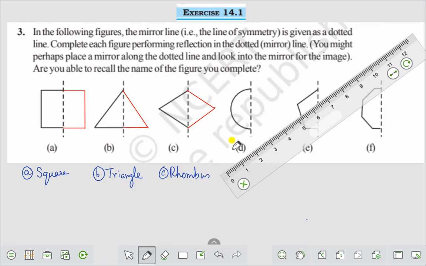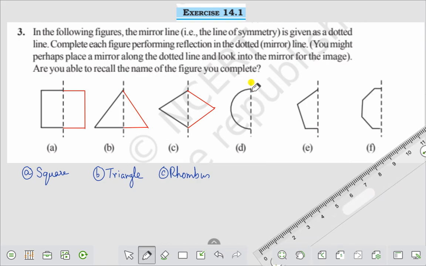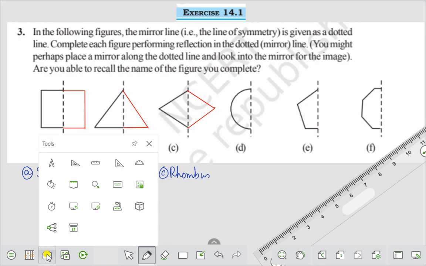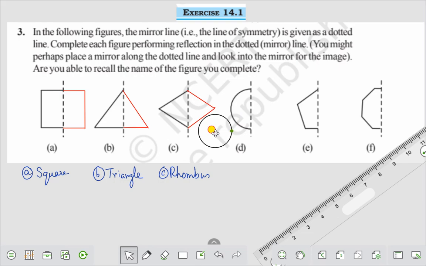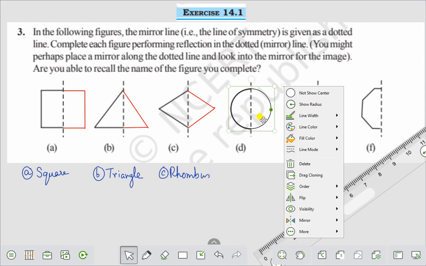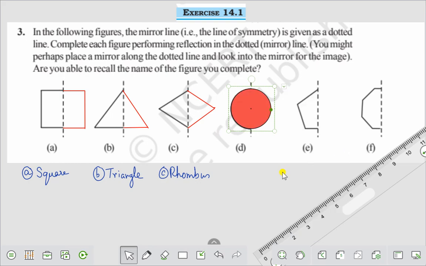Now this one, if you draw this one, we'll get, let us take, right here we are getting a circle, right?